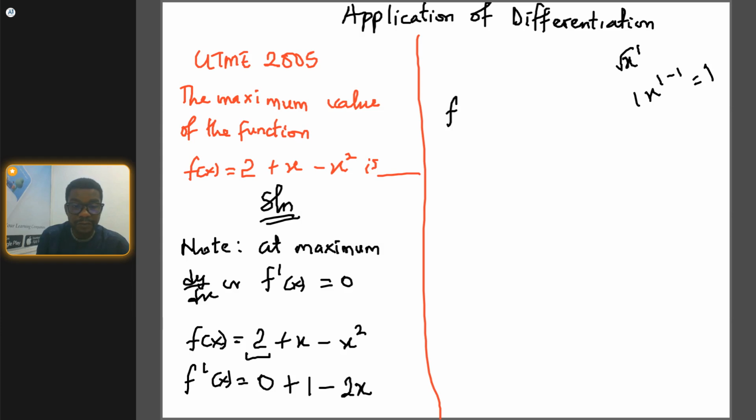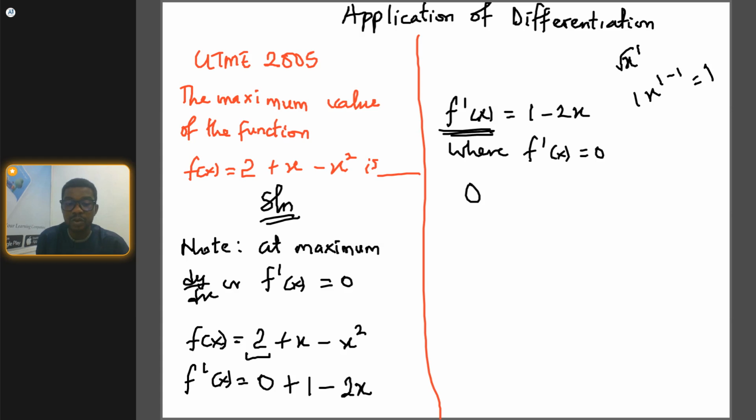So I have f prime x is now equal to 1 minus 2x, where f prime x is given to be 0. So 0 equals 1 minus 2x.